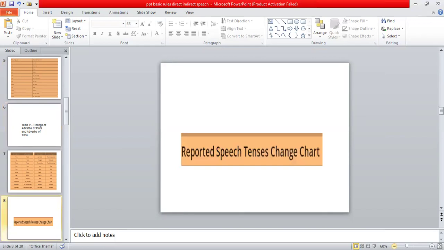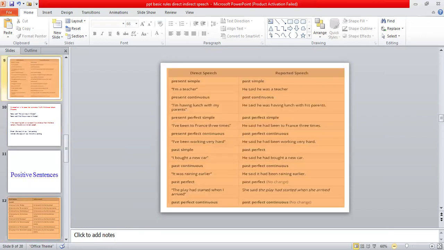Whenever you have to change a sentence from direct to indirect speech, the tense of the sentence will also be changed. So here is a chart which is going to tell you how to change the tense of the sentence in the case of reported speech. Suppose the sentence is in present simple in direct speech, and you change it into reported speech, so the tense will be changed from present simple to past simple.